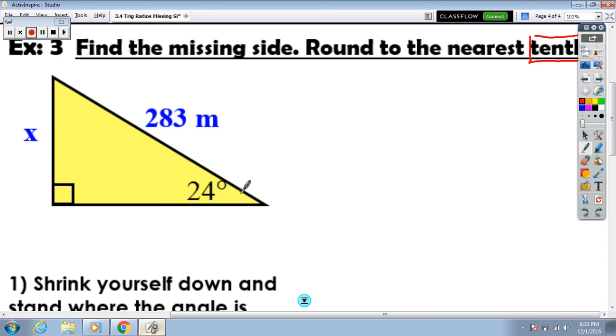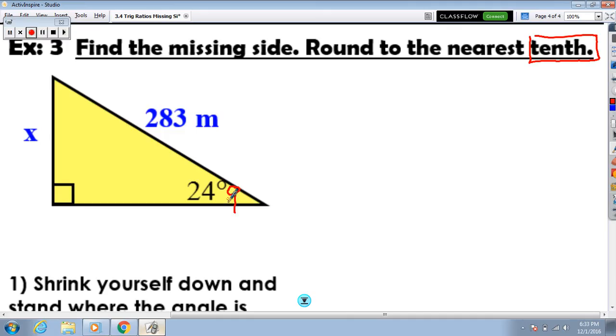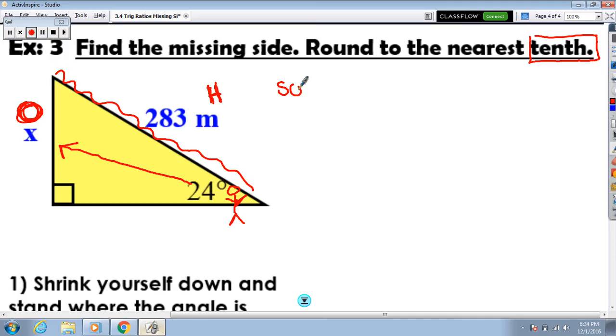Alright, so remember the little stick man goes where the angle is. So that's where I draw him. We're going to label our sides. This is the opposite side, this is the hypotenuse. So I am using which one of my trig functions?